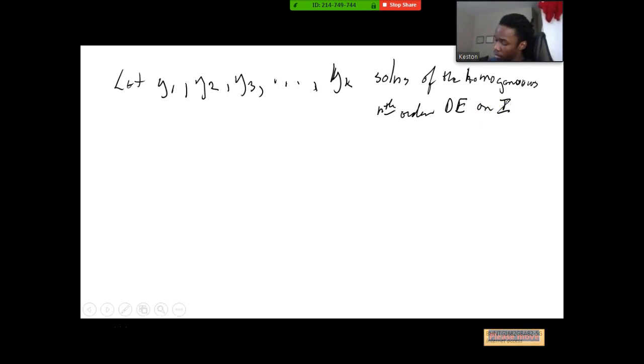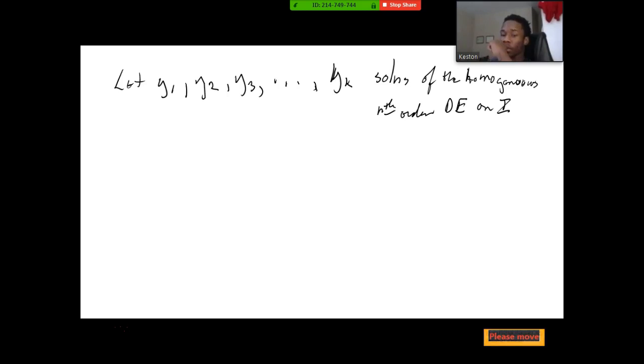Now, just a couple things here. If you have an nth order differential equation, you will have n solutions. You may have more than n, but why did they use k in one place and n in the other?